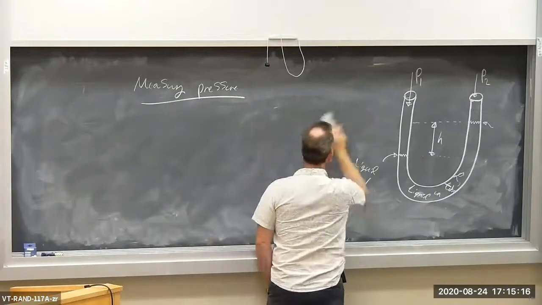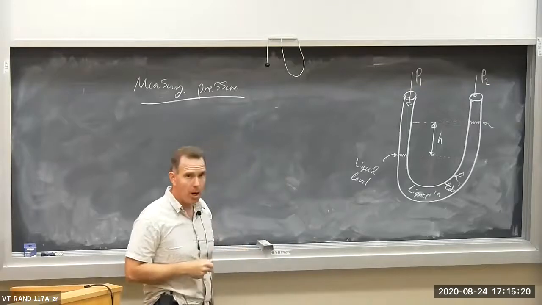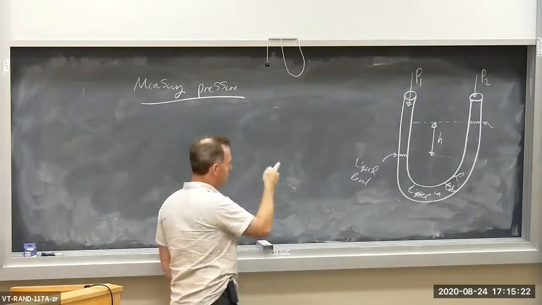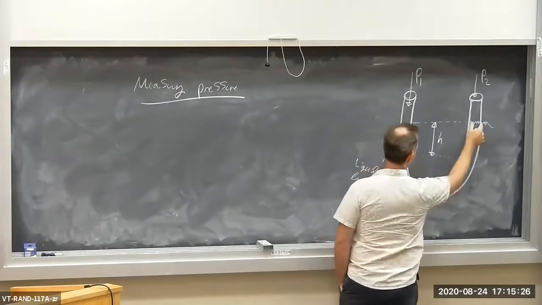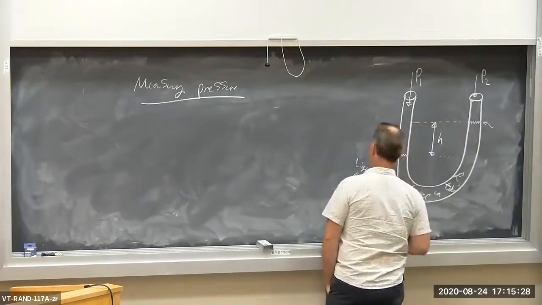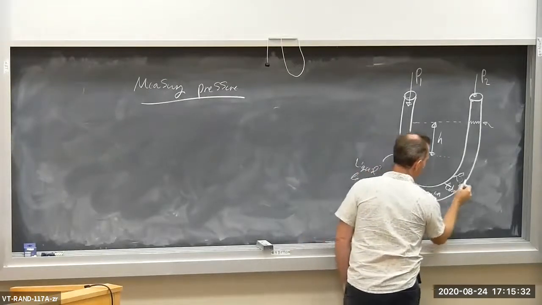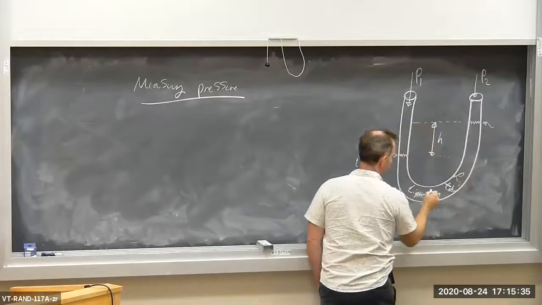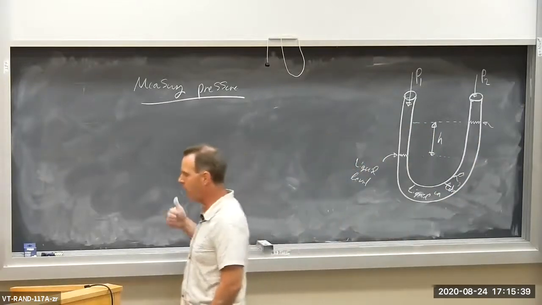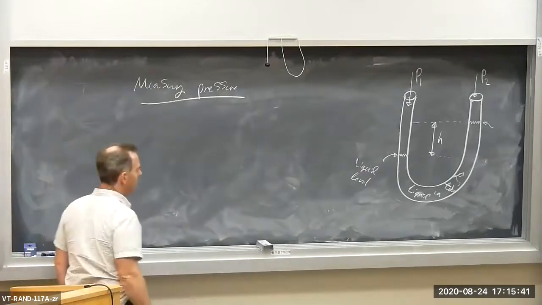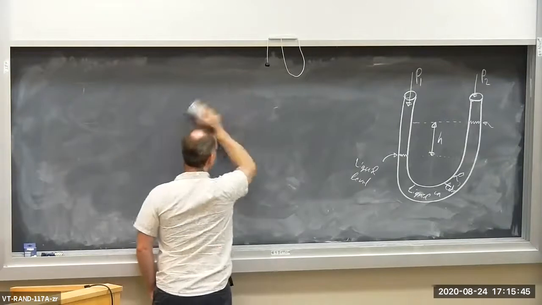Doing a simple force balance on this manometer. It's called a U-tube manometer. Simple force balance on the fluid column. Taking the fluid as my system, doing a simple force balance in the y direction, I come up with a simple equation relating pressures and the height h.